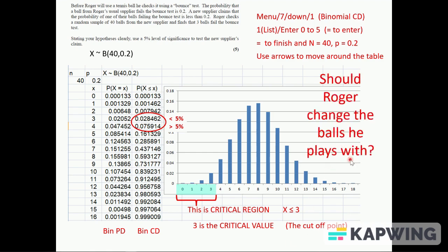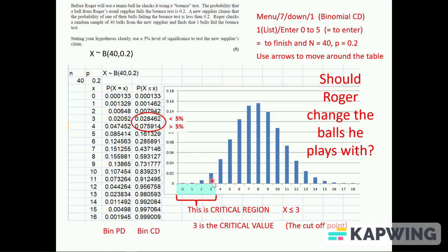So should he change the balls he plays with? Well, it looks like he should, because we're in the critical region. We got 3 balls fail the bounce test. Only 3, when we expect to get about 8 or 7 maybe, or 9. We wouldn't expect 0, 1 or 2, and not even 3, because for 0 to 3, the chance of that happening is less than 5%.